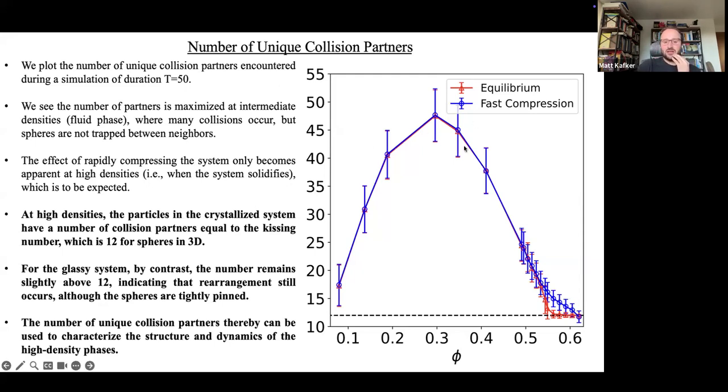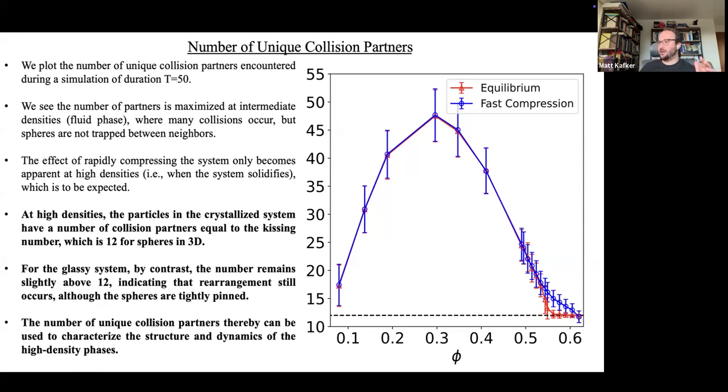So we see that at very low densities, collisions are rare, so you don't meet that many particles. At moderate densities, there's a lot of mixing that takes place. And then at high densities, it starts to settle down. This horizontal dashed line here is the kissing number for monodispersed spheres in 3D.